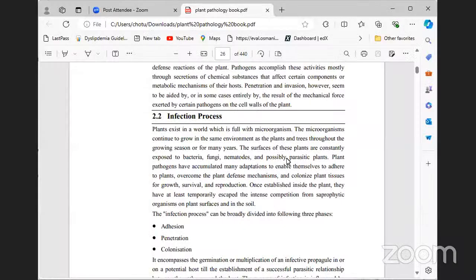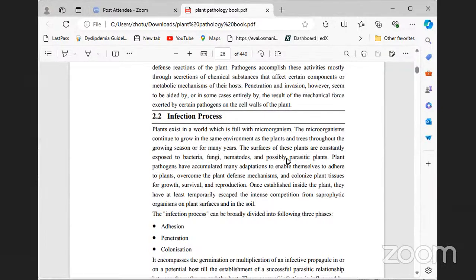Fungi, nematodes, and possibly parasitic plants. These plant pathogens have accumulated many adaptations to enable themselves to overcome the plant defense mechanisms, colonize plant tissue for growth and reproduction.